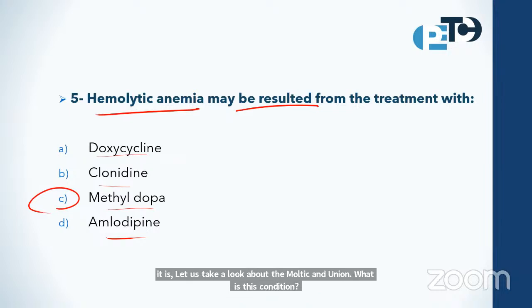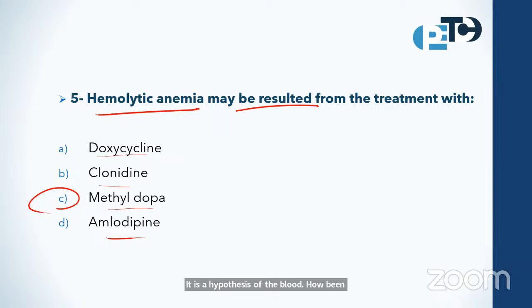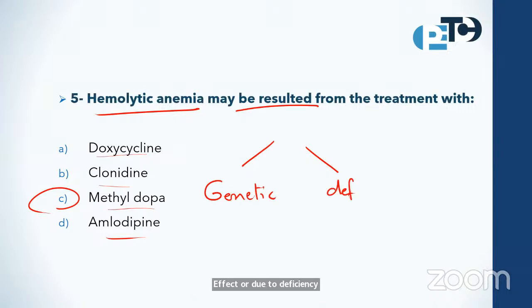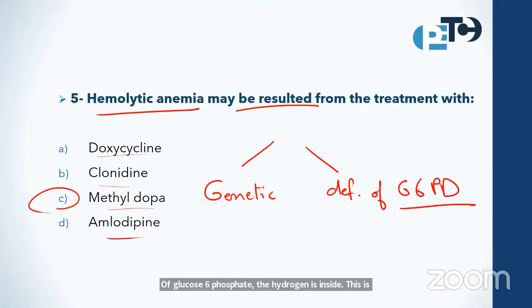It happens due to two main causes: either a genetic defect or a deficiency of the glucose 6-phosphate dehydrogenase enzyme. This enzyme is important to prevent hemolysis of the blood. Okay. Sure. And the deficiency of it may lead to hemolysis of the blood.